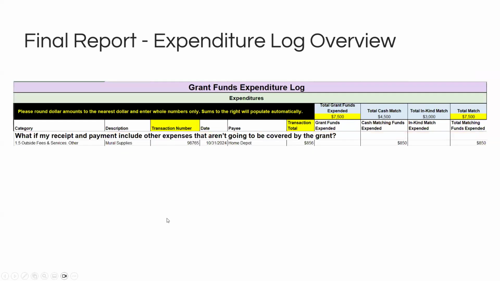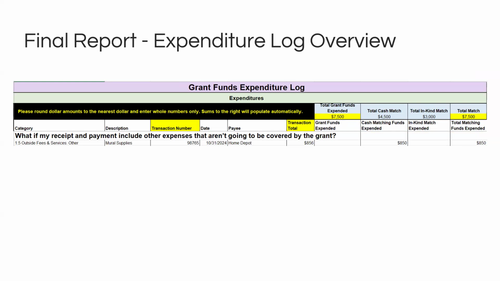All right. Next question. What if my receipt includes other expenses, things that I bought that aren't going to be part of the grant project or aren't covered by the grant funds? If your receipt shows other expenses that aren't part of the grant project, they should not be included in the grant or match section.